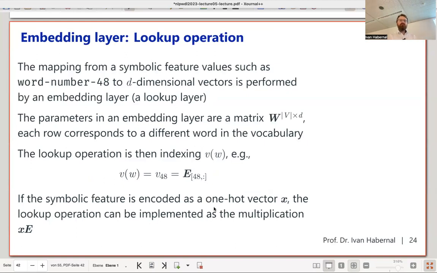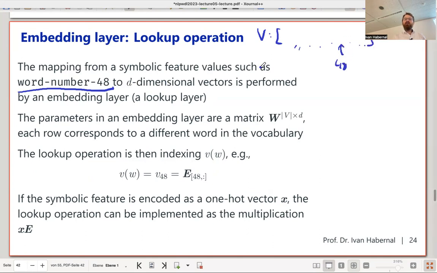So, the embedding layer. Okay, this is interesting. Let's spend some time on that. It is the mapping from a symbolic feature value, such as word number 48. So what is word number 48? We have the vocabulary and the words, and the number is like a position, 48.